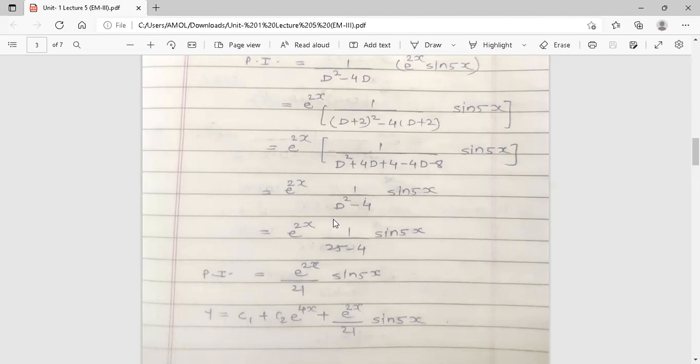Here is one correction. The term is minus 25 minus 4, which is equal to minus 29.